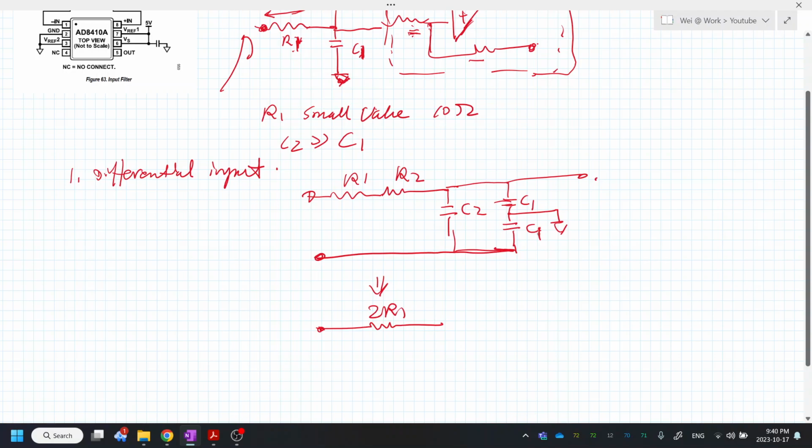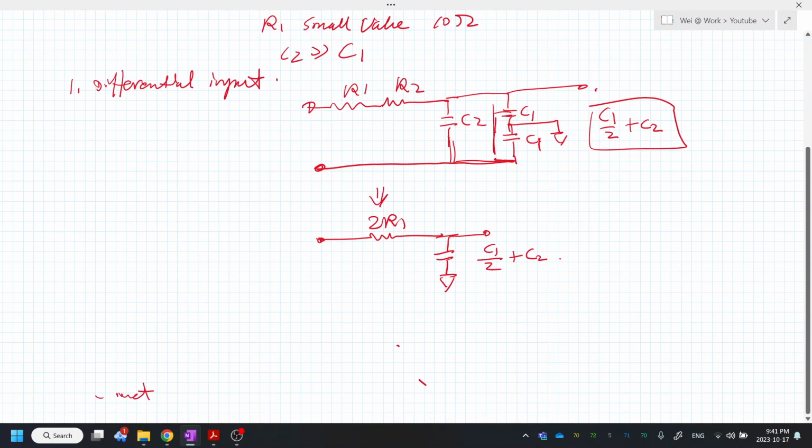And the two C1s in series give C1 over 2, and C2 is in parallel with these two C1s, so we get plus C2. That's the combined capacitance. That will be your equivalent C, and the combined capacitance is C1 divided by 2 plus C2.